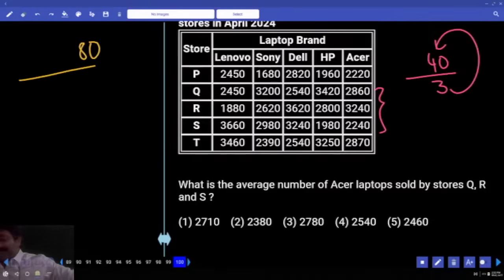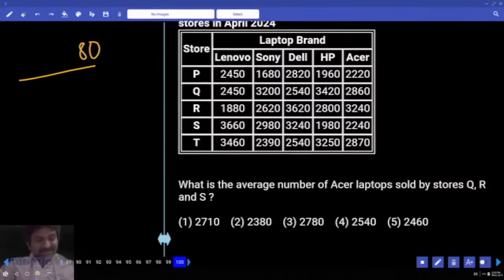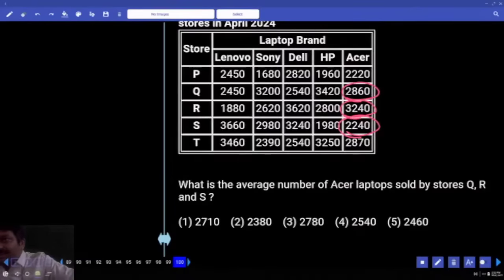First I verified this. How many options are there? These 2. Now go and verify. Use your common sense. Last digits are already done, and we know that the answer ends with 80, correct? This is 2,300 and this is 2,700.